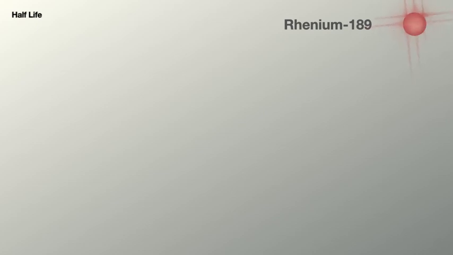Okay. So let's consider what half-life is. Let's consider a radioactive isotope. And the one I'm going to choose is rhenium-189. That's rhenium with a mass number of 189. I'm going to represent an atom of rhenium-189 like that, a red ball. And when rhenium decays, it does this.